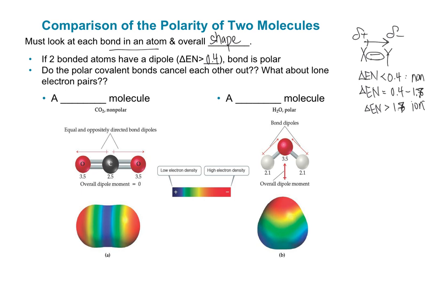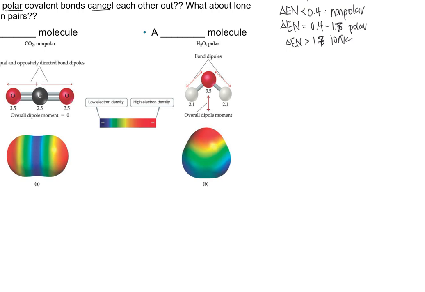But we now need to see if the shape of the molecule allows for those covalent polar bonds to either cancel out or not. So we have to look at both the atoms attached to the central atom, as well as whether there are lone pairs on the central atom.